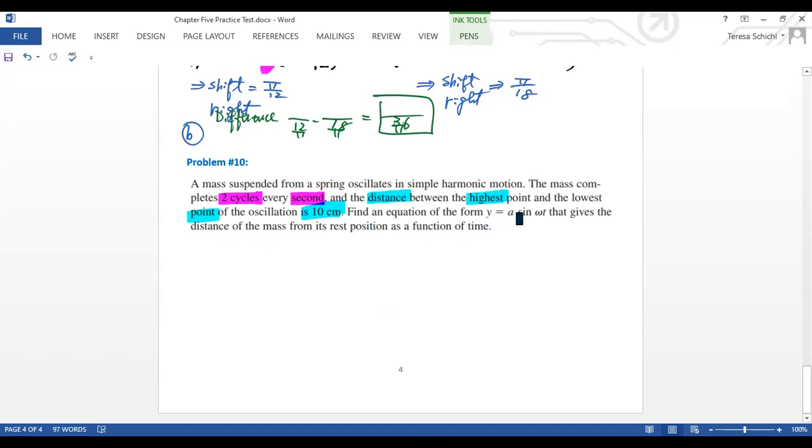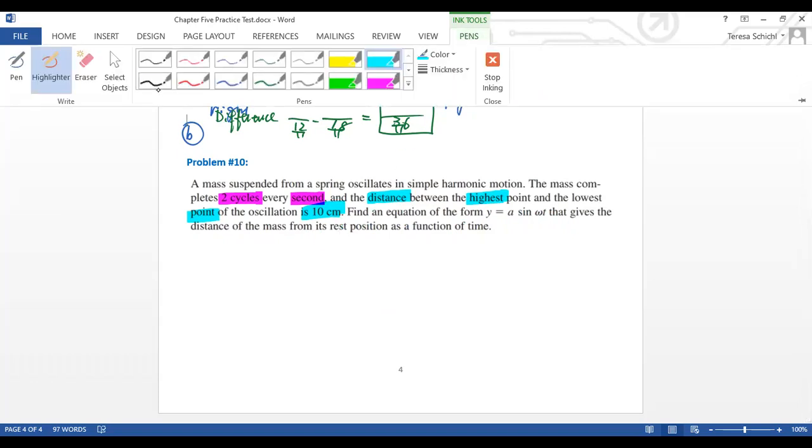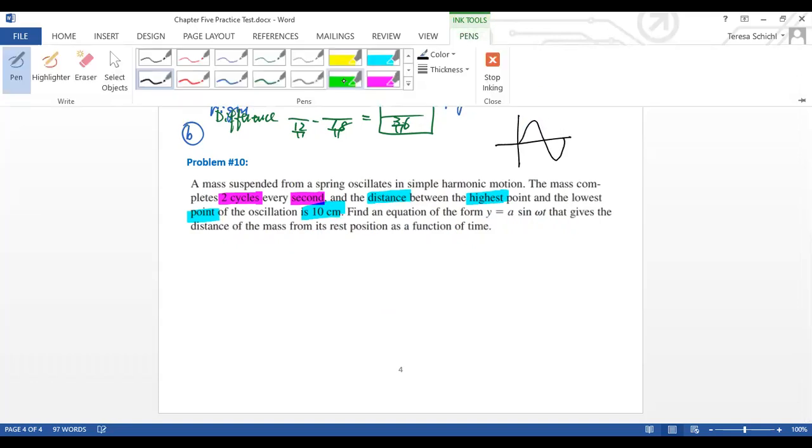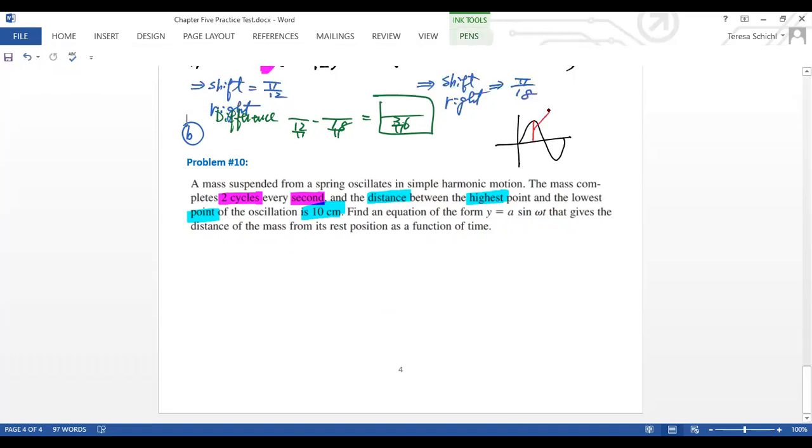Find the equation of the form. So I want to find a sine form that gives the distance of the mass, the position function. I know the sine function here, right? This is my amplitude, the height here, we call this amplitude.